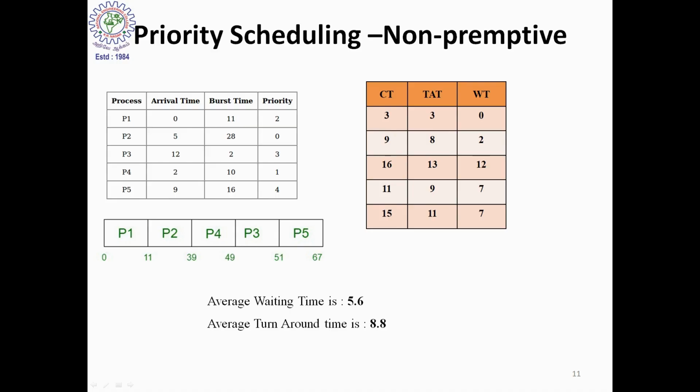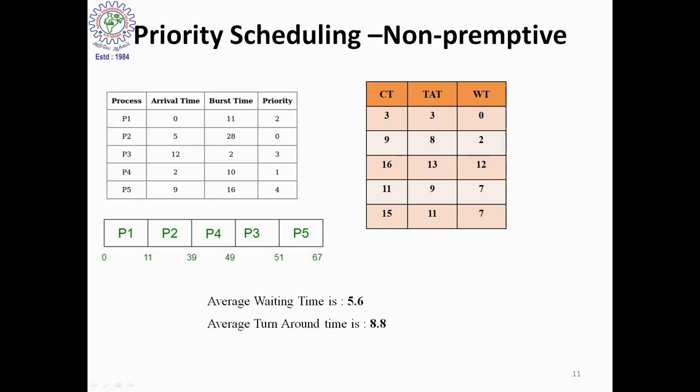But when you look at the arrival time, P2 is only 5. Only at the 5th millisecond would P2 have arrived at the ready queue. Until then, it will not be in the ready queue. So definitely at time 0, P2 has not yet arrived. We are about to give the processor only to a process which has arrived in the ready queue.